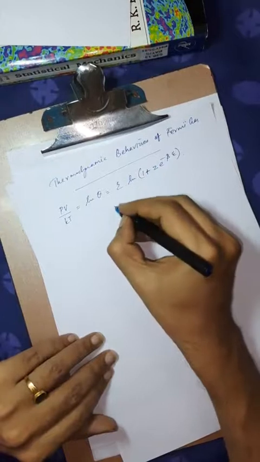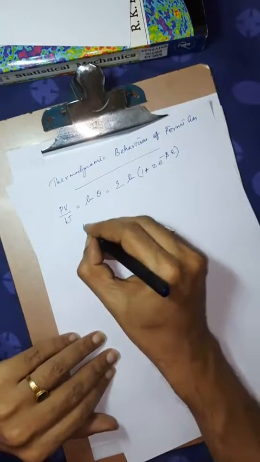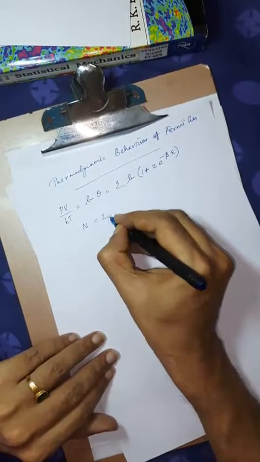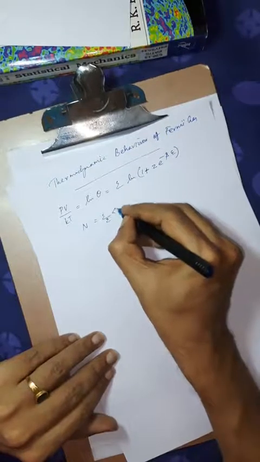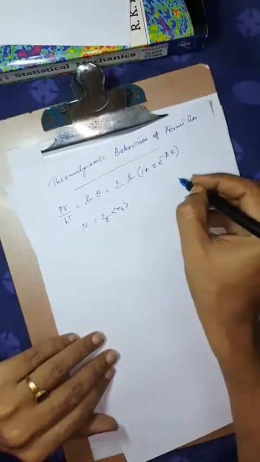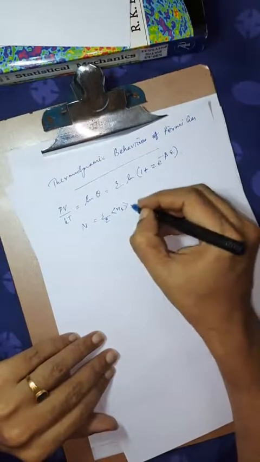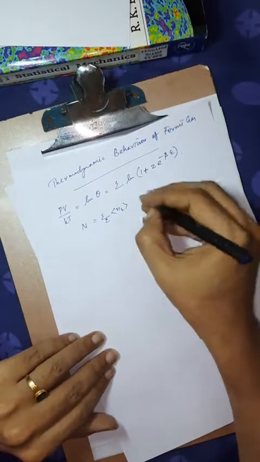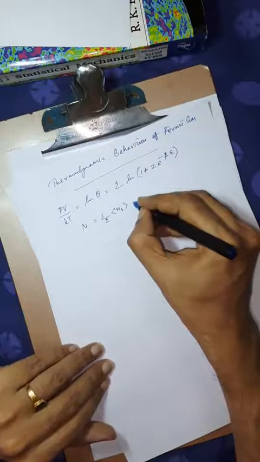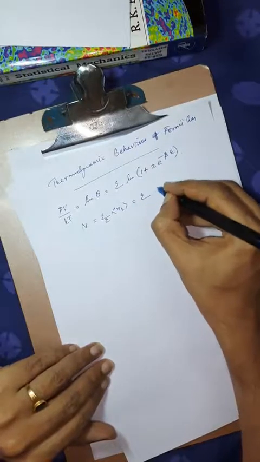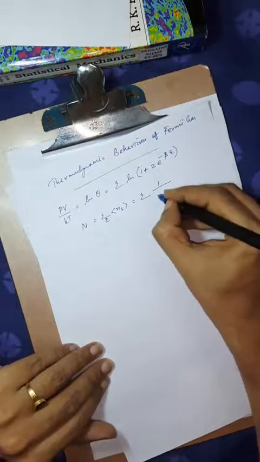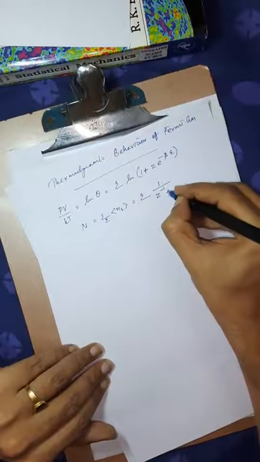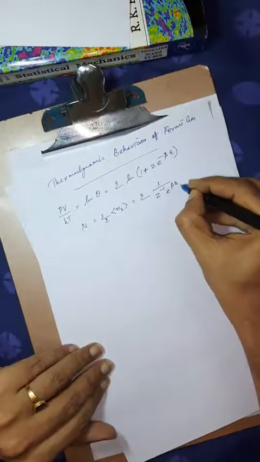And also we have N equal to sum over e, the average number of states, so sum over N_e is equal to sum over 1 by z raised to minus 1 e raised to beta e plus 1.